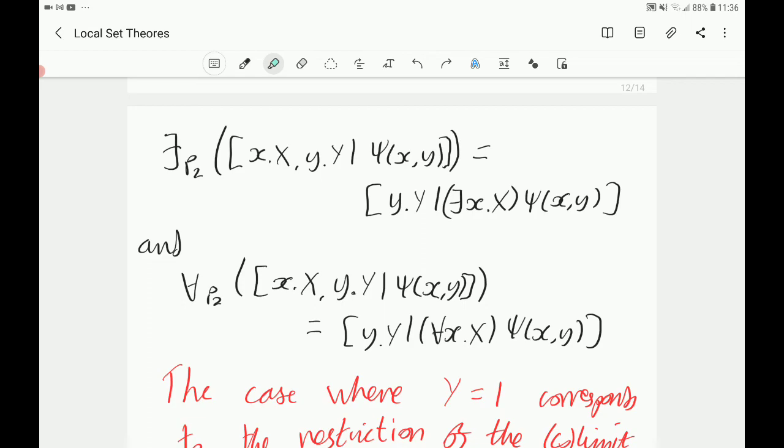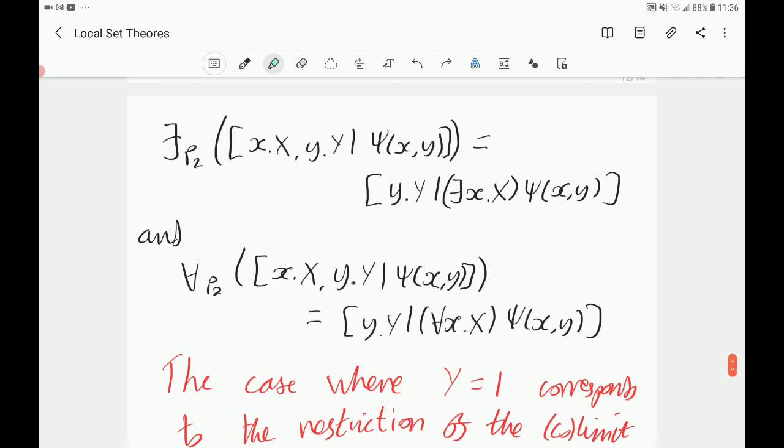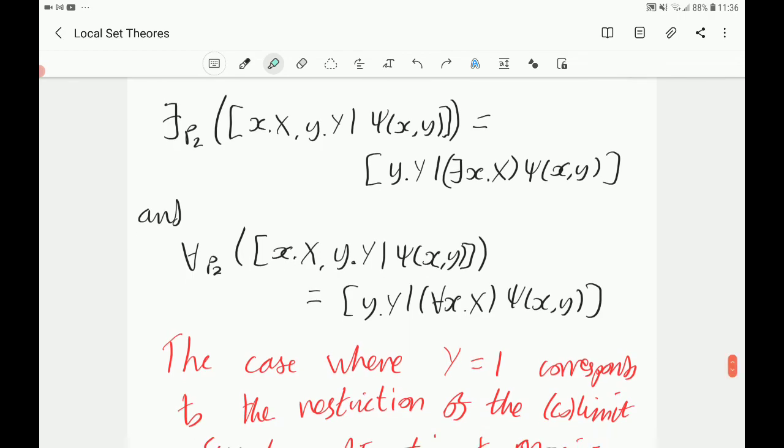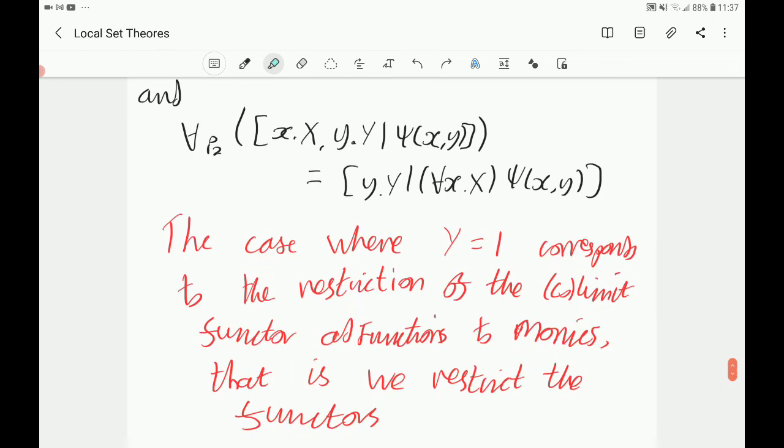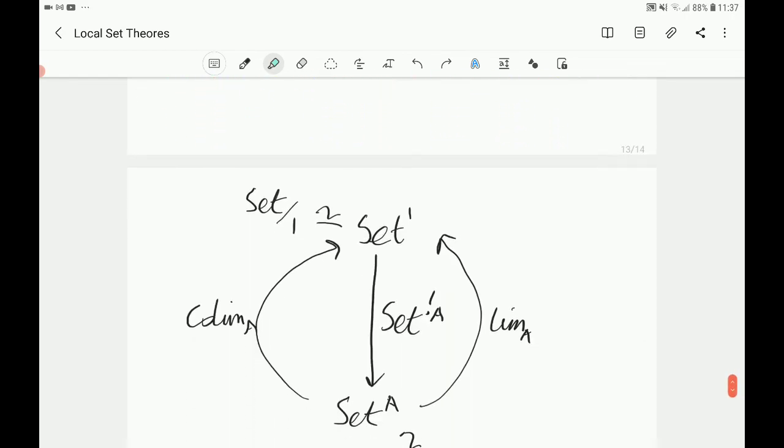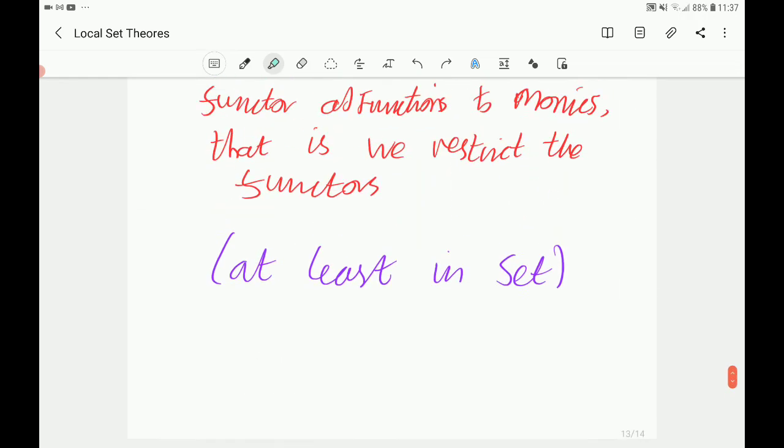We can understand what they mean as pure formulas, in other words, as subobjects of 1, because subobjects of 1 correspond to arrows from 1 to omega, as in points of the truth value object. And those connect with limits and co-limits in the case of sets quite naturally. So yeah, that's it.